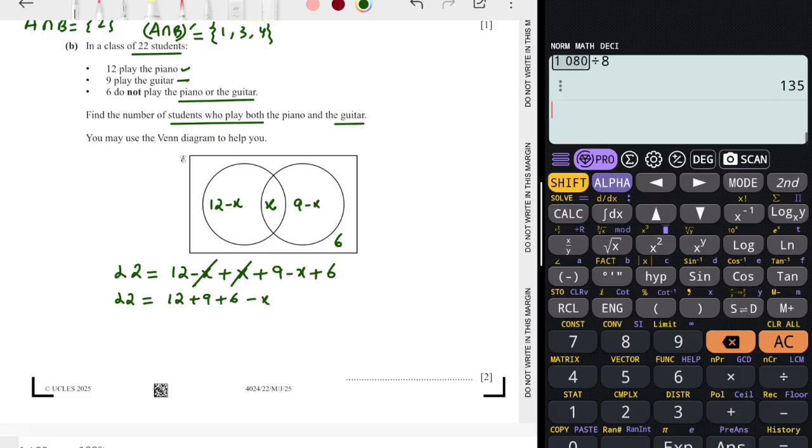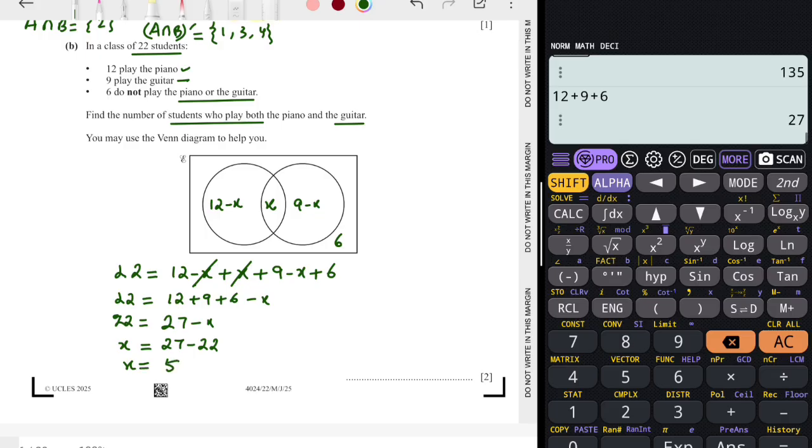So 12 plus 9 plus 6 would be 27. So 22 is equal to 27 minus X. So now by shifting the values and subtracting from 27, the value of X is equal to 5. So this would be the answer.